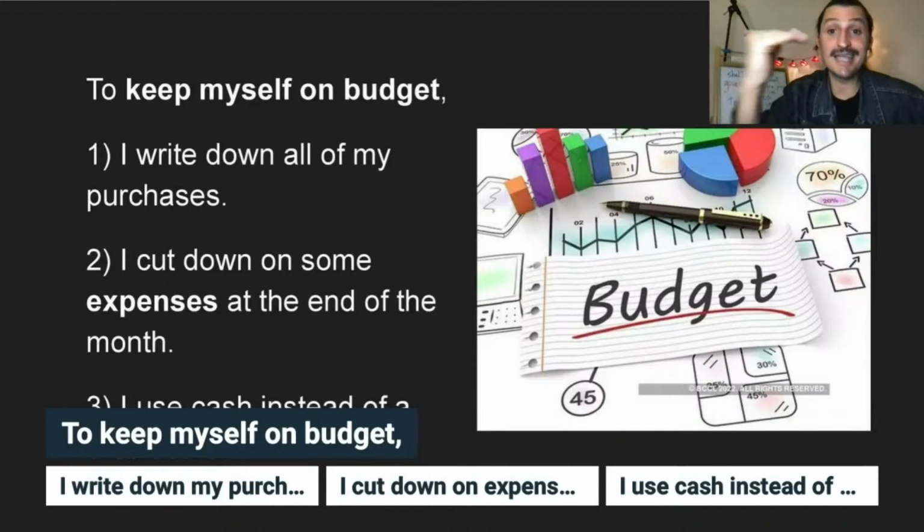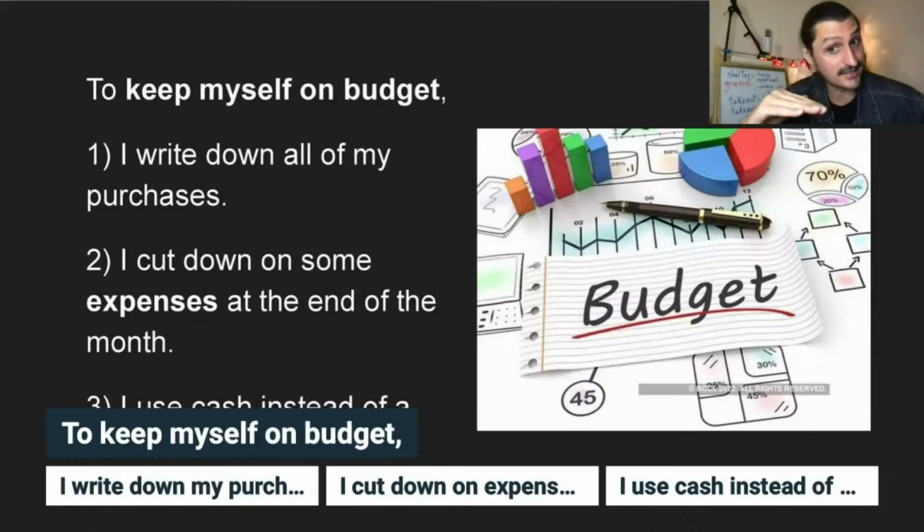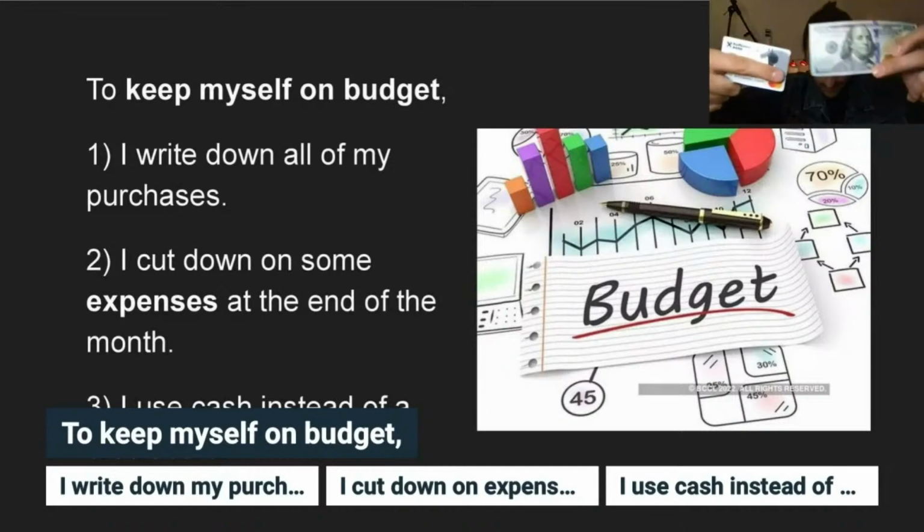Number two, I cut down on some expenses at the end of the month, meaning at the end of the month, the 25th, 26th, 27th, you cut down. And number three, you use cash instead of a credit card, right? Because this right here is cash, and this is a credit card.